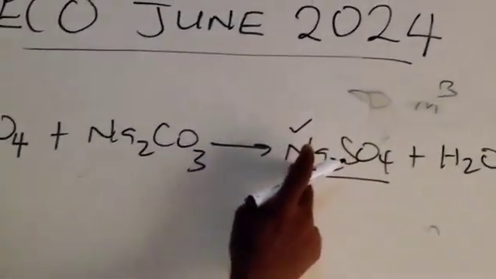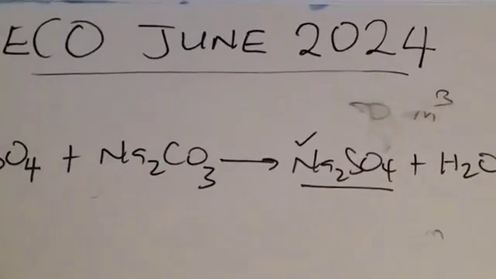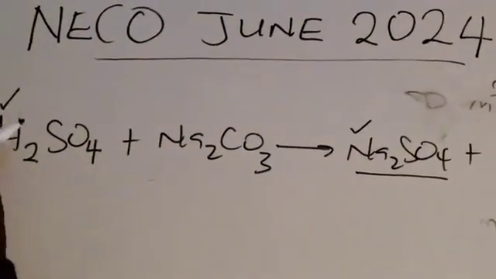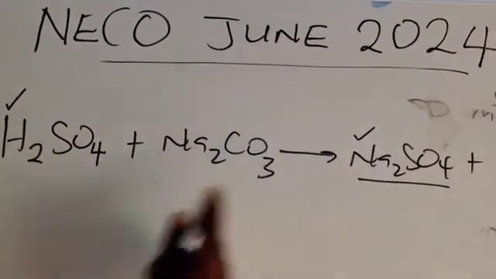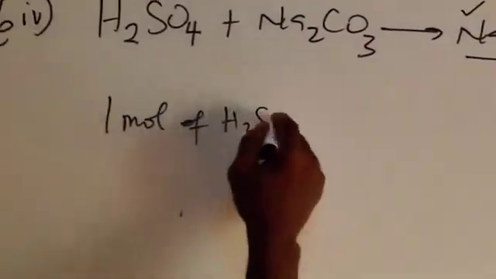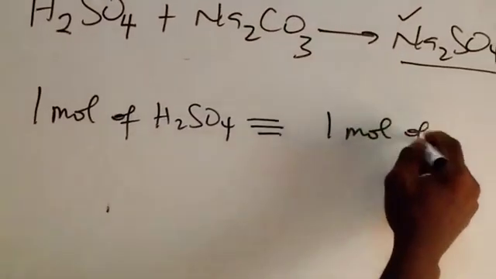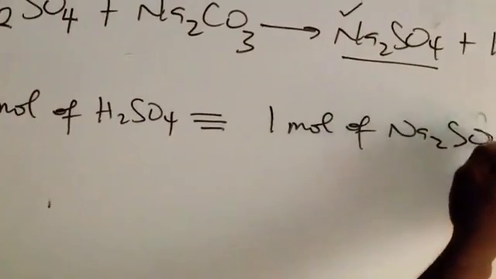We'll connect sodium sulfate to any of the reactants. We can probably use H2SO4. 1 mole of H2SO4 gives us 1 mole of sodium sulfate.